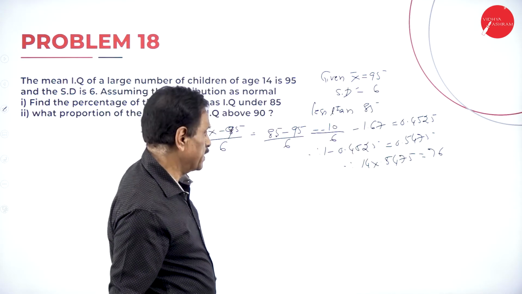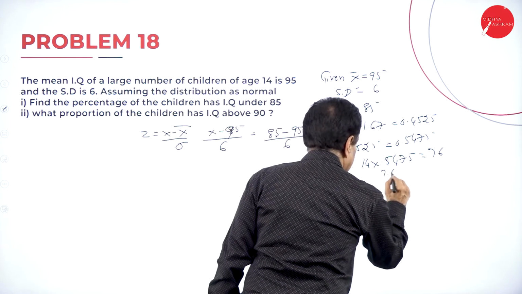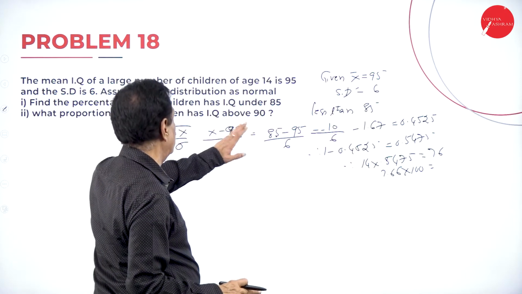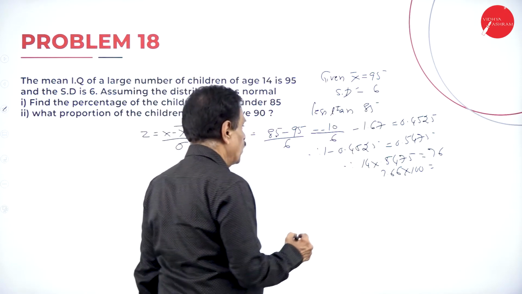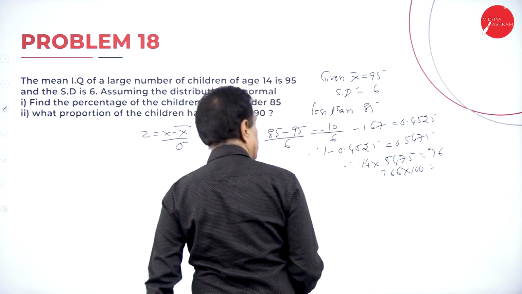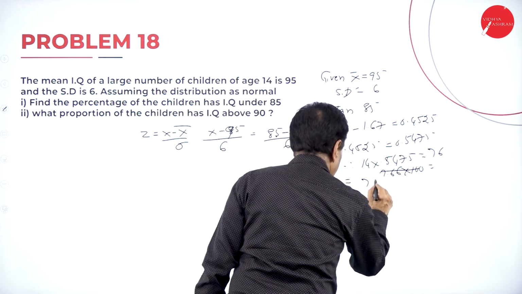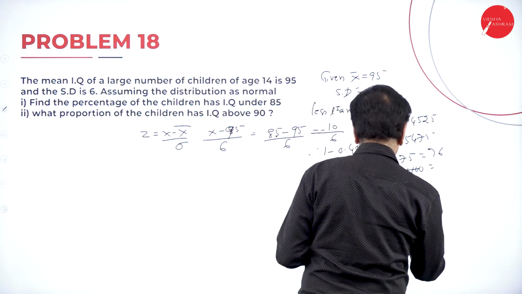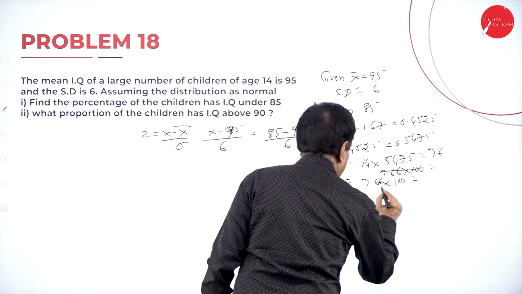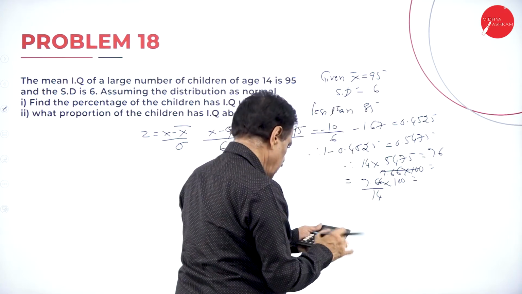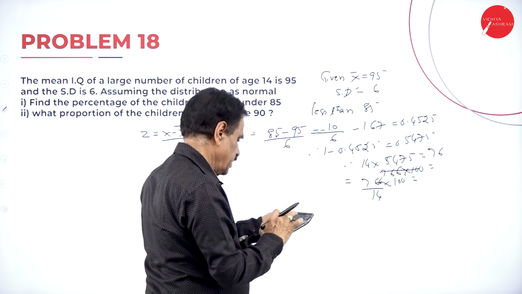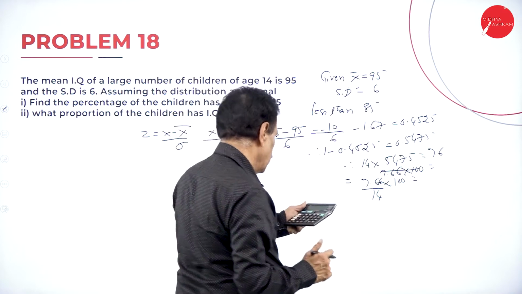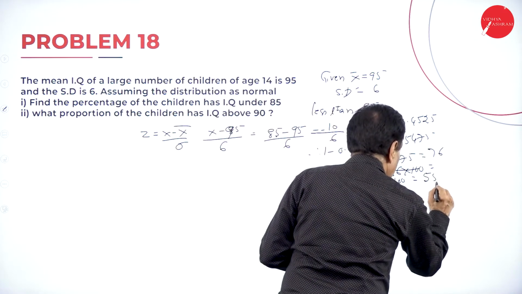So the percentage they are asking for: 7.66 into 100. Find the percentage of children with IQ under 85. For 14 it is 7.66, so 7.66 divided by 14 into 100 is about 54%, which means 55%.